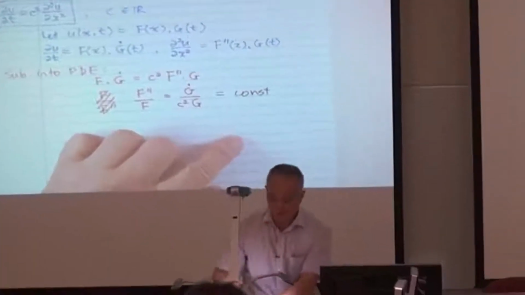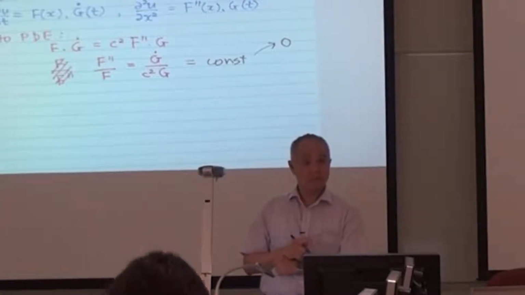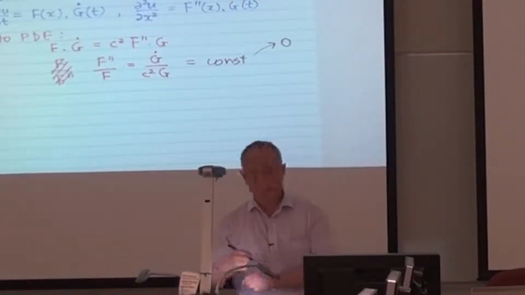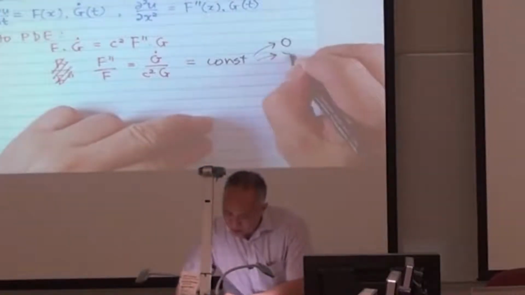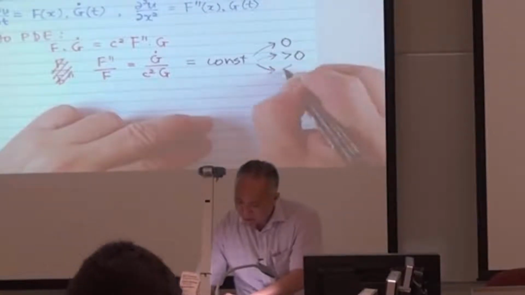You mentioned 0. So this constant could be 0. That's one possibility. Or two other possibilities. It can be strictly positive, larger than 0. Or it can be less than 0.